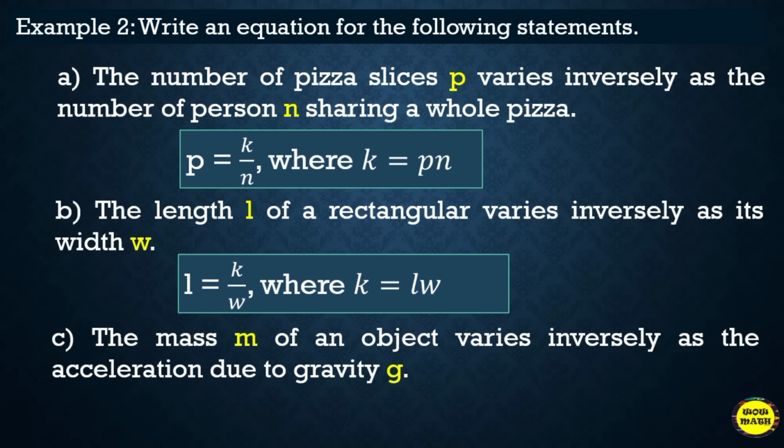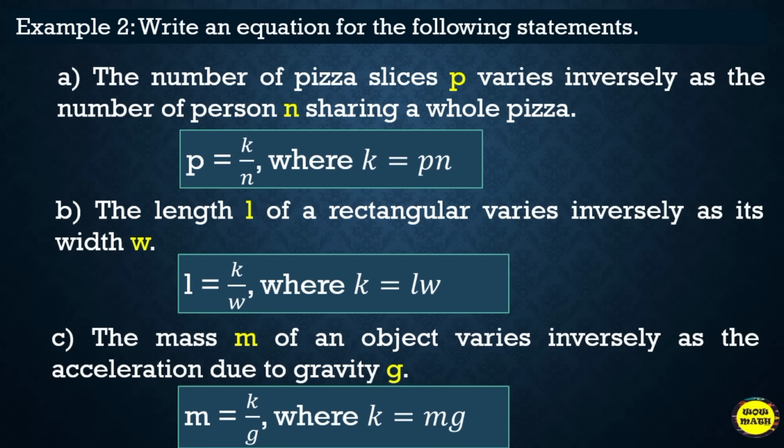Letter C: the mass, denoted as m, of an object varies inversely as the acceleration due to gravity, denoted as letter G. Since m comes first, mass is equal to the constant over the gravity, where the constant is mass times gravity, or K is equal to mg.